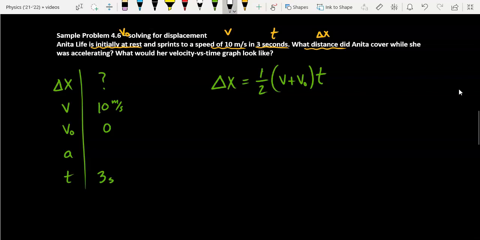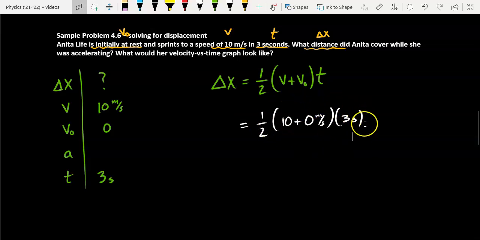So let's go. 1/2 times initial plus final velocity, which is 10 plus 0 meters per second, times the time, which is 3 seconds. So that's 10 meters per second times 3 is 30, times 1/2, 15 meters.